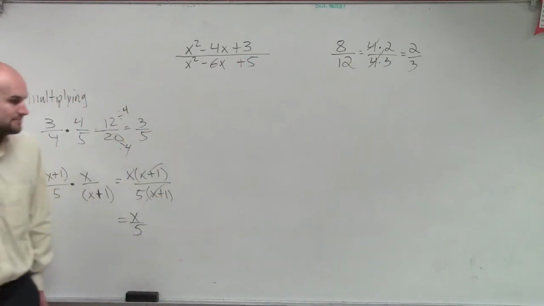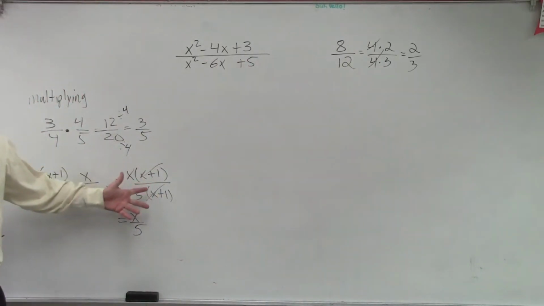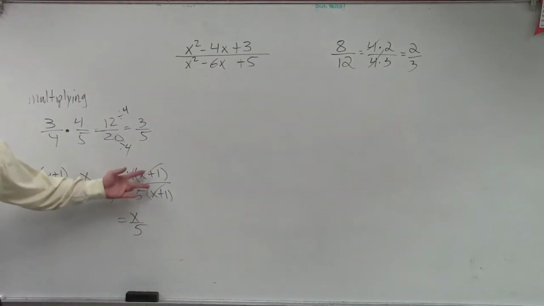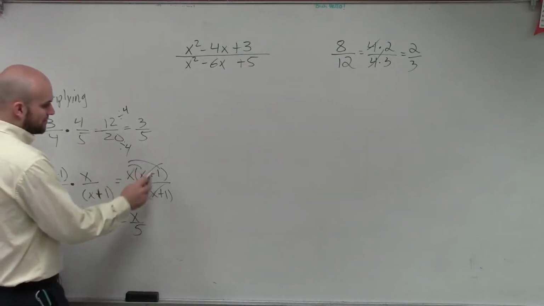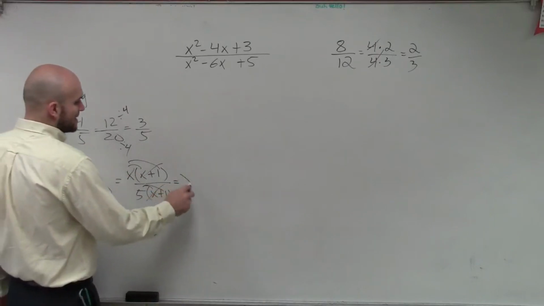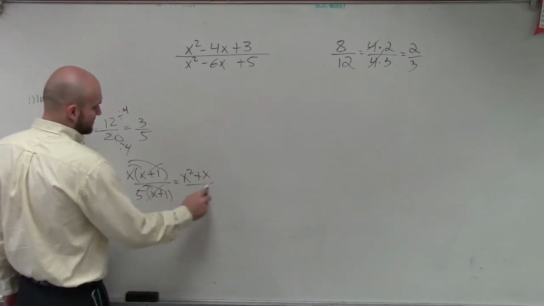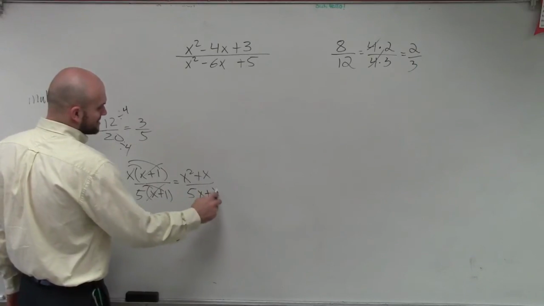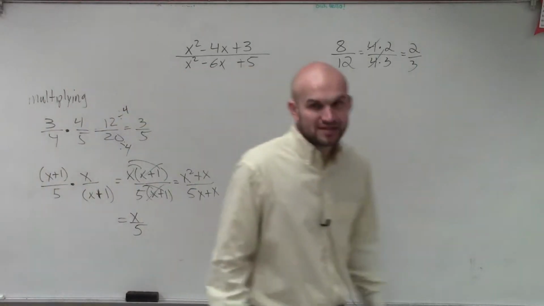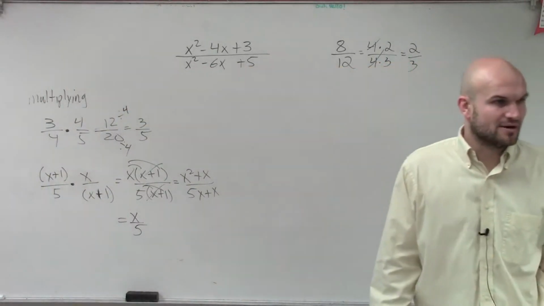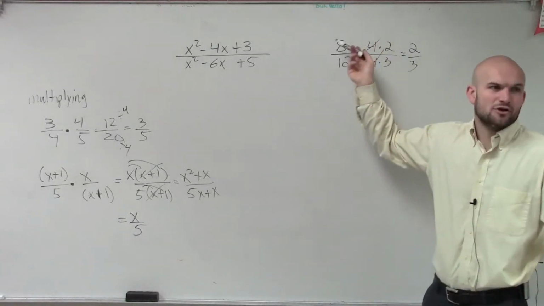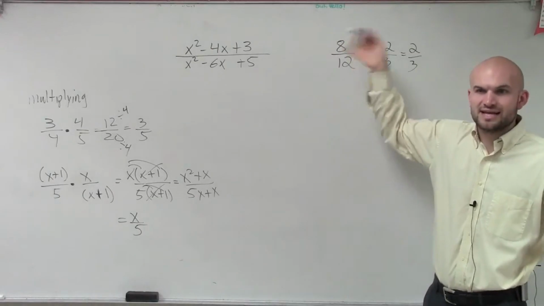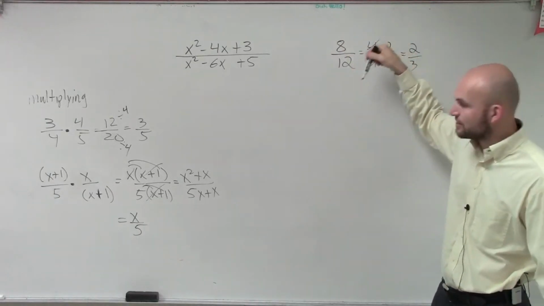Now, this was pretty easy to see, that you can cancel out the x plus 1, right? But what if you were to multiply this through? What if you had x squared plus x divided by 5x plus 5? Would it be so obvious that you'd have to cancel something out? You're pretty used to this: I know they're both divisible by 4, so I can rewrite it and knock out the 4's.